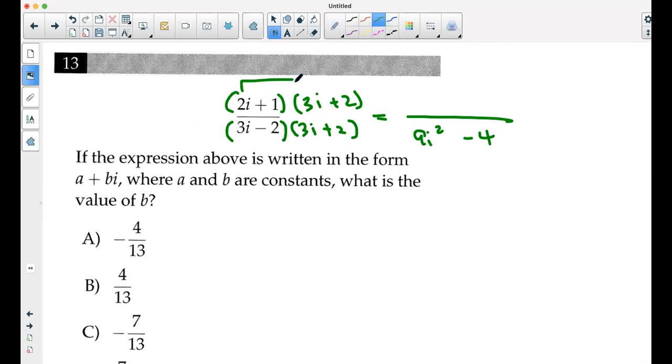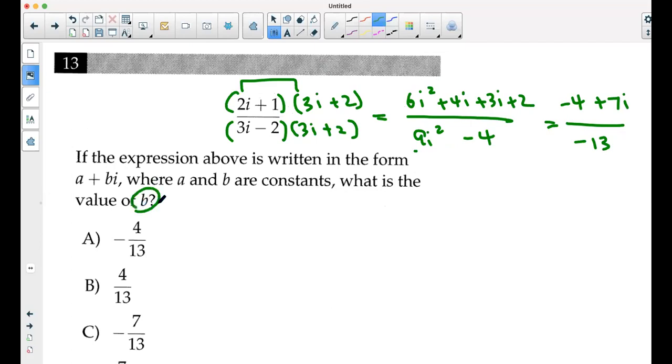These two become 6i squared, and then plus 4i, and then plus 3i, and lastly plus 2. Then my numerator: i squared becomes negative 1, hence negative 6. Negative 6 plus 2 becomes negative 4, and plus 7i. And the bottom becomes negative 9, negative 4, so it becomes negative 13.